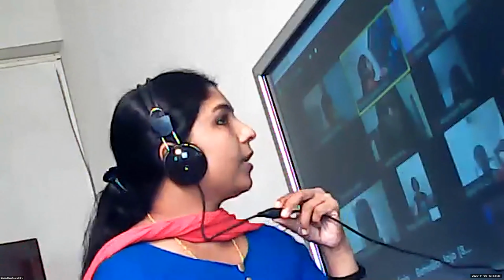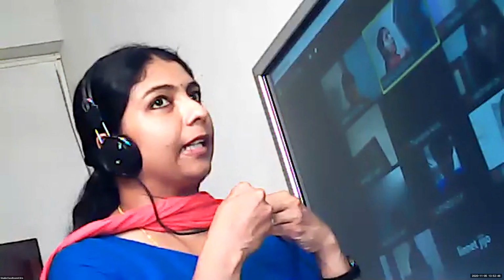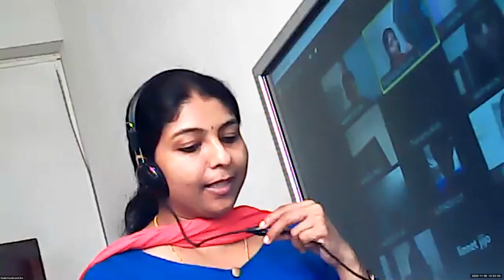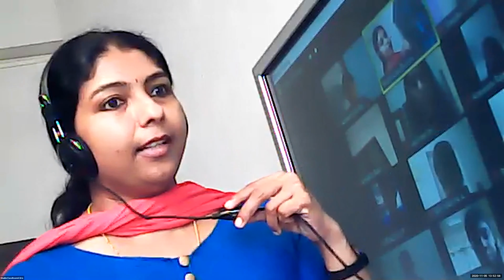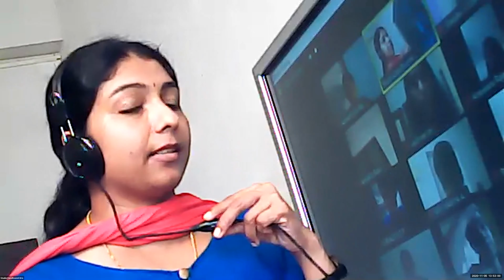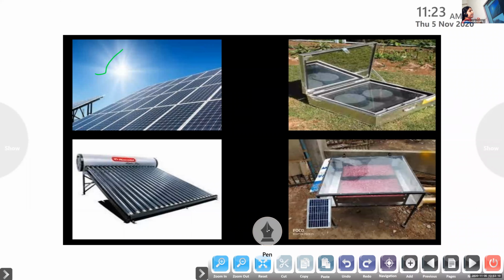Solar energy is used in solar heaters, solar cookers, solar induction stoves, solar lighting for traffic signals, and solar dryers, especially to dry some substances. A solar dryer is used to dry substances, especially food items.